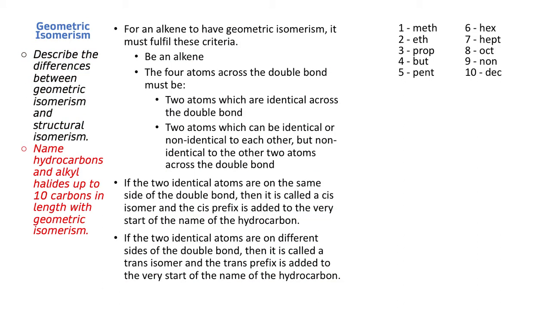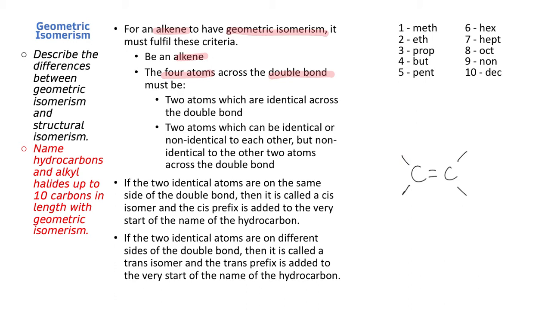So, for an alkene to have geometric isomerism, it must fulfill these criteria. It must be an alkene, duh. Right? The four atoms across the double bond, or the four atoms joined to the carbons in the double bond. Right? So 1, 2, 3, 4. If you remember from year 11, these electron pairs will repel each other.